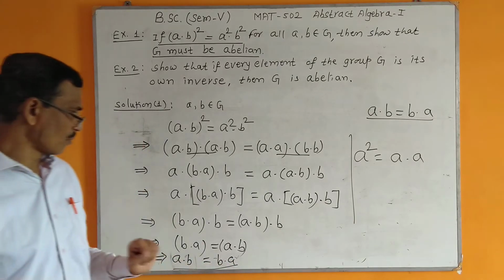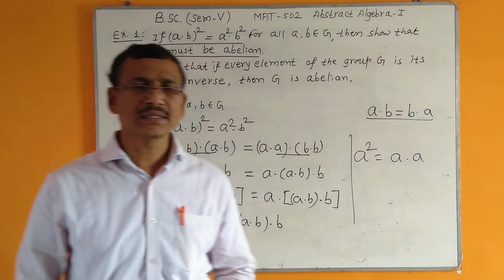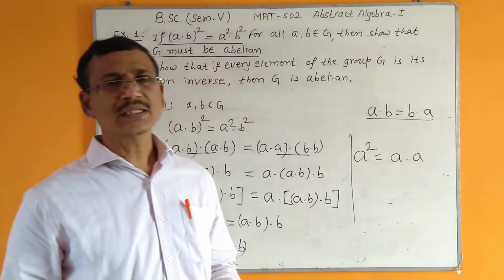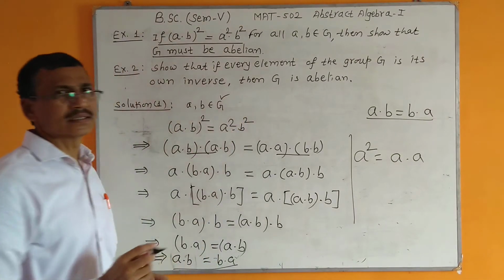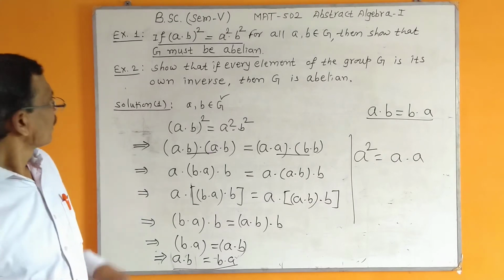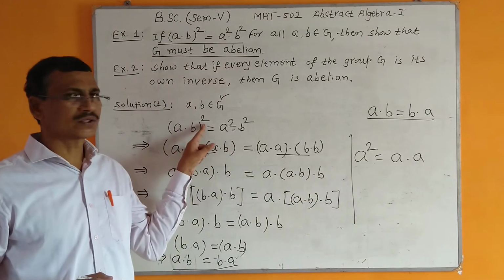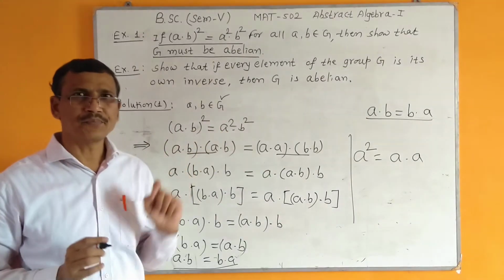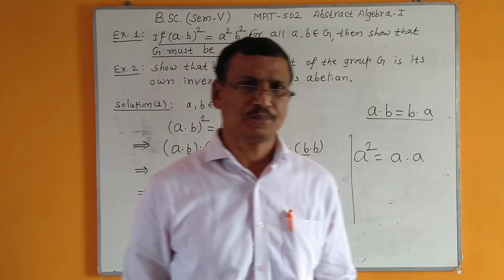And this is the commutative property. That means in a group G, the commutative property is satisfied. As the commutative property is satisfied, this group G is an abelian group. Hence, if this condition is satisfied, (a·b) squared equal to a squared · b squared, then group G must be abelian.